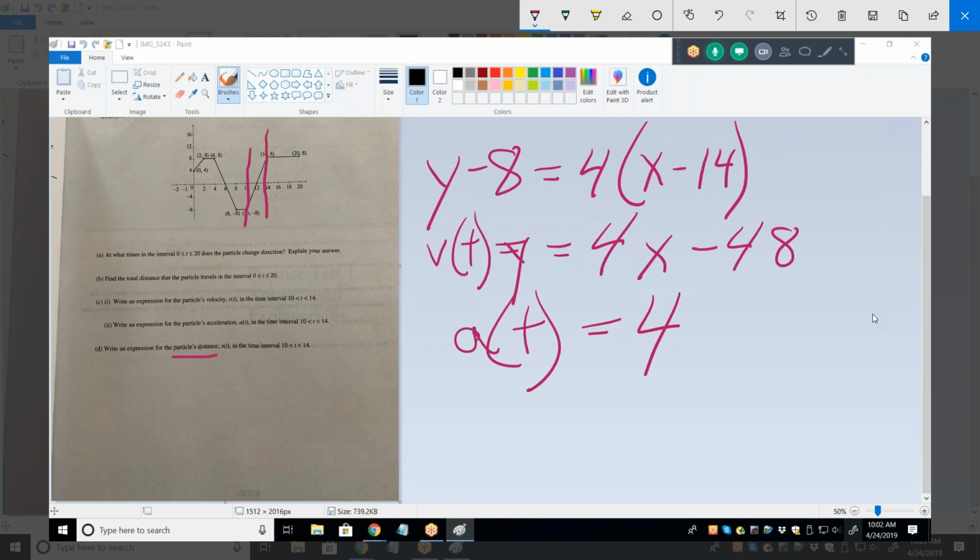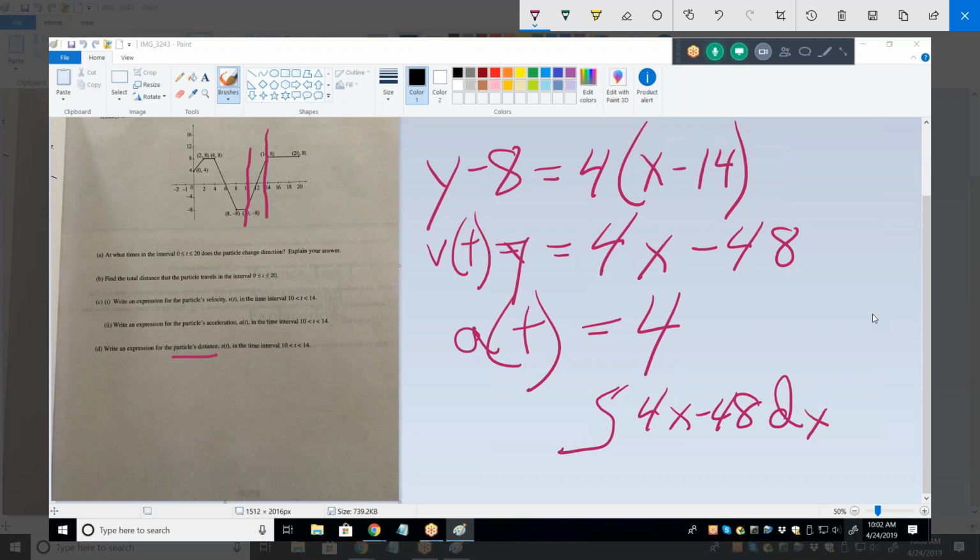Here, this is just kind of the same question as part B. Well, what I thought we'd do is take the integral of our function. Oh, because they want an expression. I took the integral of 4x minus 48 dx, and then I got s of t equals 2x squared minus 48x plus c.